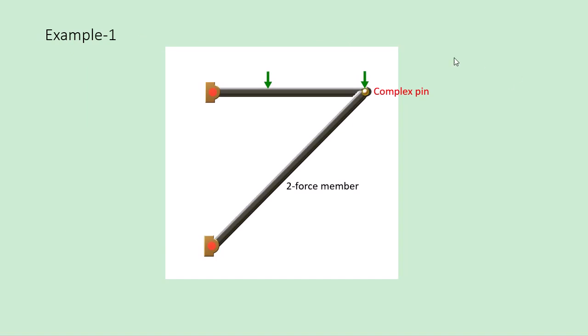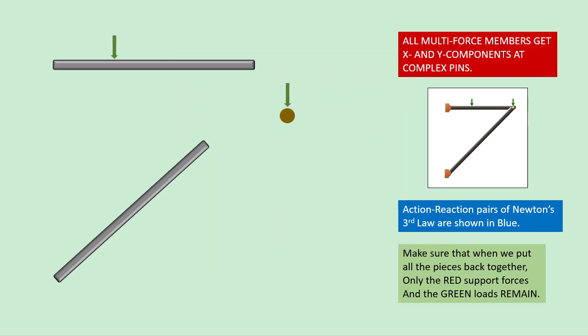So here is an example. Here we have a complex pin where two members and a force interact, and when we have more than two interactions, the pin is complex. So what we do is we take this multi-force member apart from the pin and the two-force member apart from the pin.